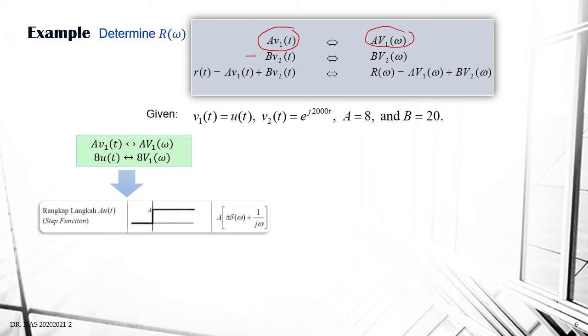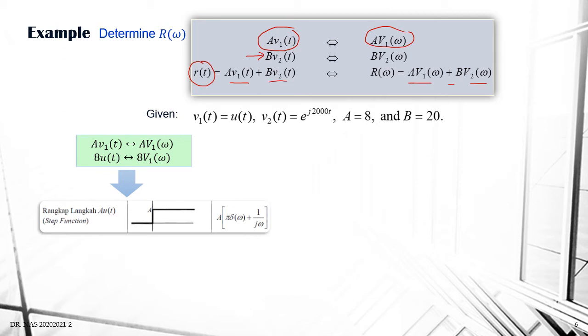The same goes for B V2(t), which will produce B V2(ω). And if you have a new signal R(t), which is the superposition of the first signal and the second signal, R(ω) will also be the summation of the two signals in the frequency domain.